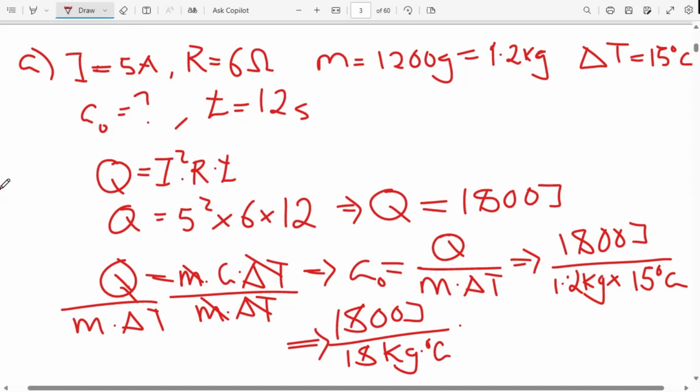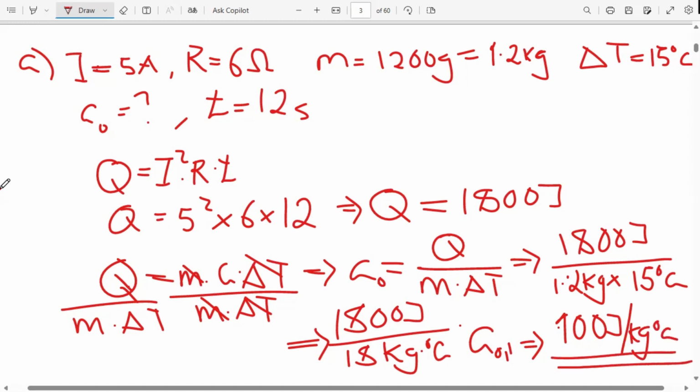So if I divide this, I'm going to get my specific heat capacity of oil as being equal to 100 joules per kg degree Celsius. So this is the specific heat capacity of the oil that has been given in this scenario.